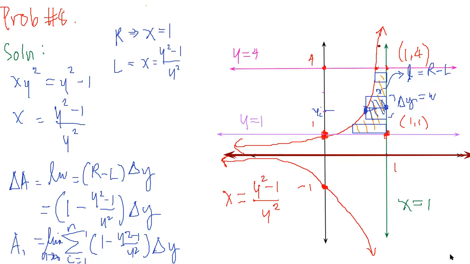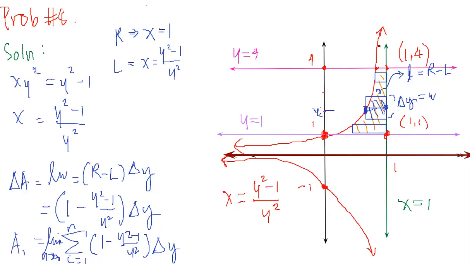So let's convert this to integral notation. Area is equal to the integral of 1 minus y squared minus 1 all over y squared with respect to y from, let's identify the upper and lower limits. Since it's with respect to y, we're going to consider the y-intercepts, the y-intercepts of this and this, that's 1 to 4, since we're dealing with delta y.